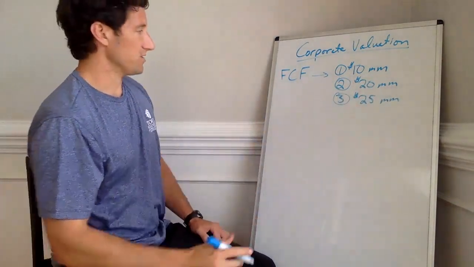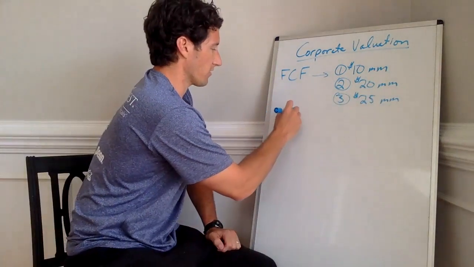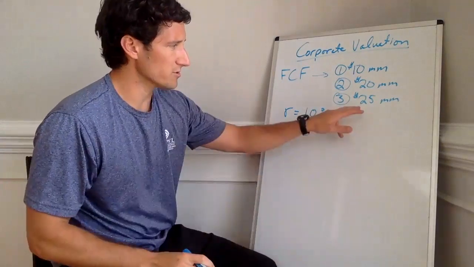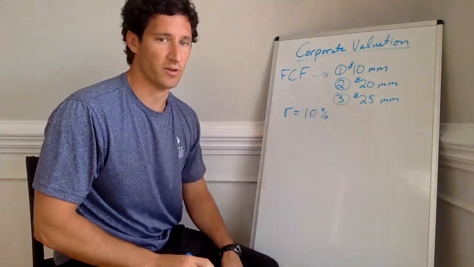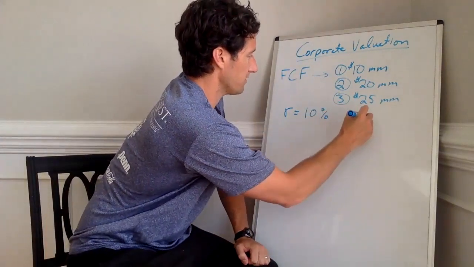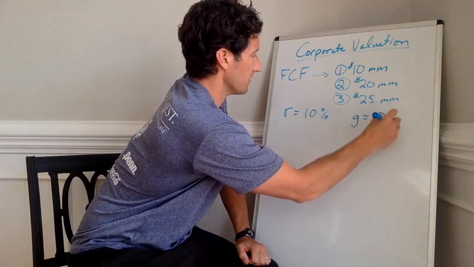We're going to discount this back at a required return of 10%. And then we'll say after this 25 million in year three, we'll have an ongoing growth rate of 3%.